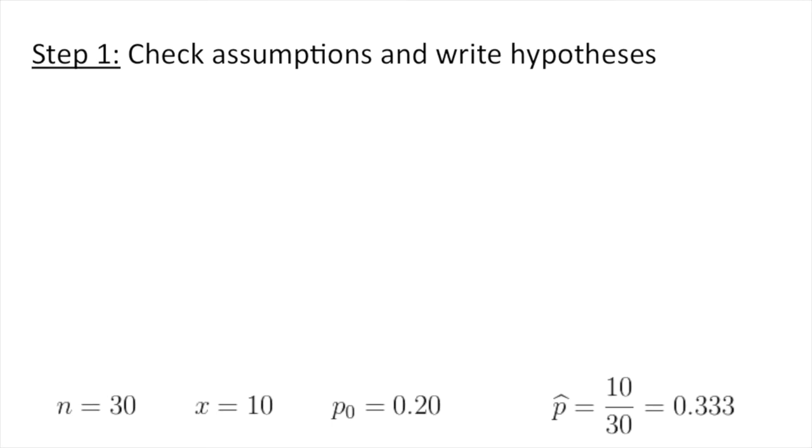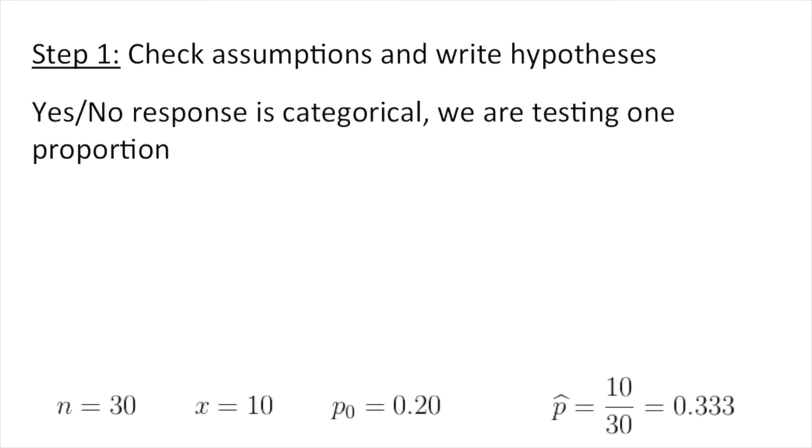Step 1, we need to check assumptions and write hypotheses. This is when we're going to decide if we're going to use the normal approximation method or the exact method. The variable of interest is whether or not an individual would attend a Zumba class. This is a yes-no response, so we have a categorical variable. We are testing one proportion.